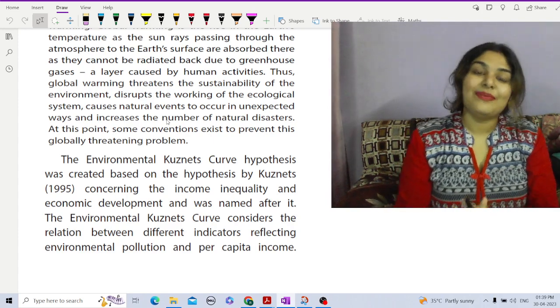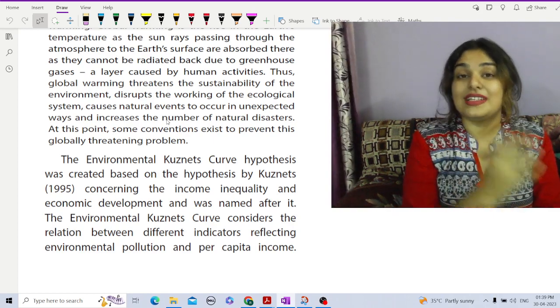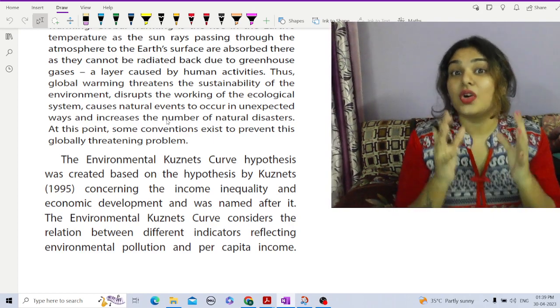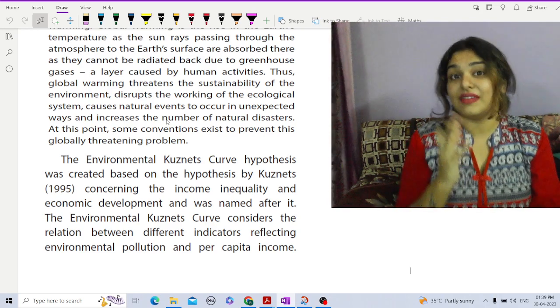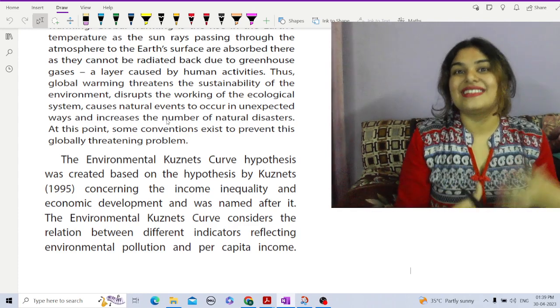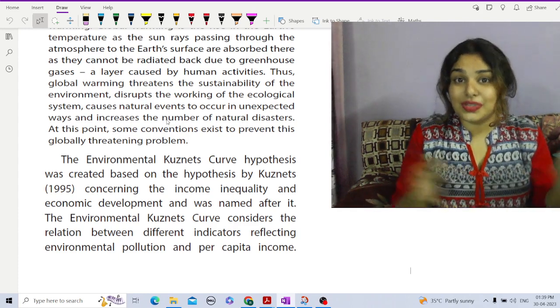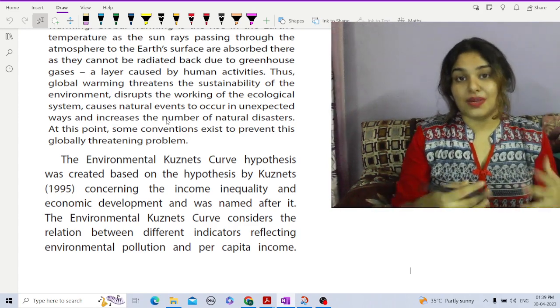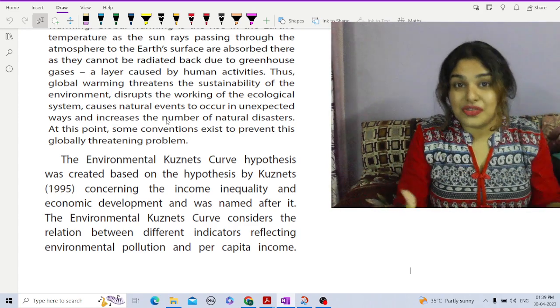So basically, Kuznets tried to explain that initially during the growth years when a nation is developing, there is an increase in manufacturing sector and industrialization due to the expansion of the economy, which leads to the setting up of more and more factories.